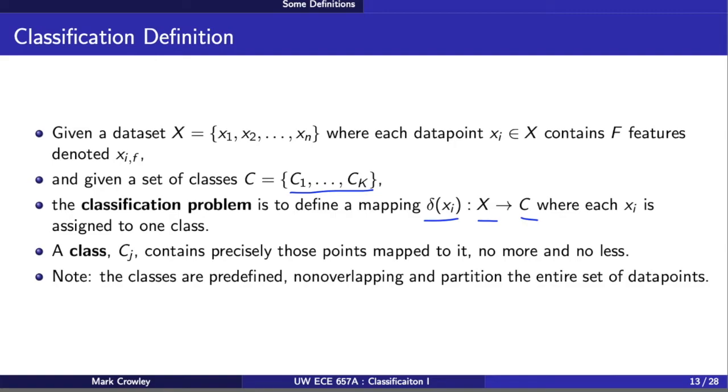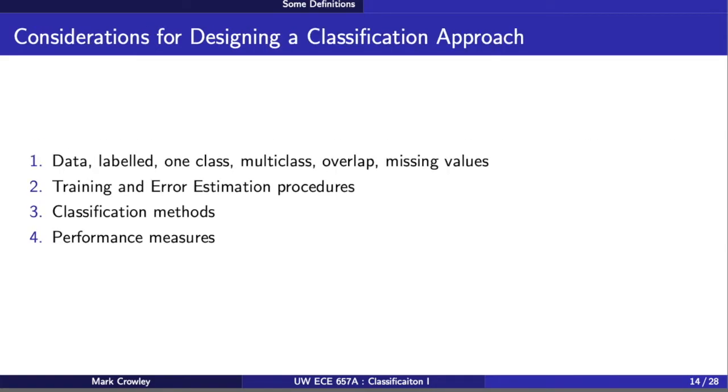Every data point is mapped to exactly 1. So we'll see the indicator function used in one of the notations for defining the second algorithm we're going to talk about, the Parzen window.